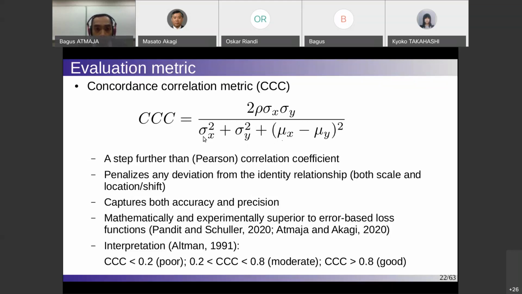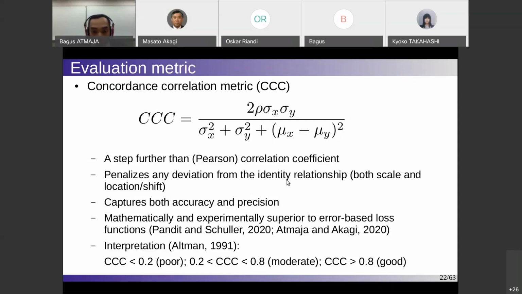And based on the reference, this metric is more challenging because it captures both accuracy and precision. So it's more precise than the Pearson coefficient, and mathematically and experimentally also superior to error-based loss functions like MSE, mean square error, or MAE, mean absolute error here.